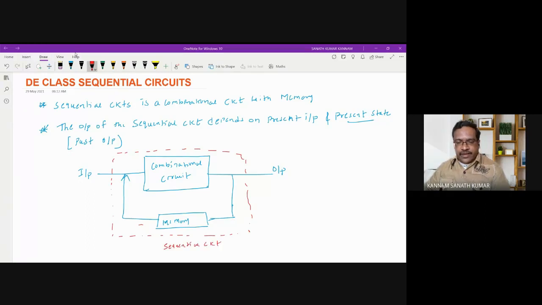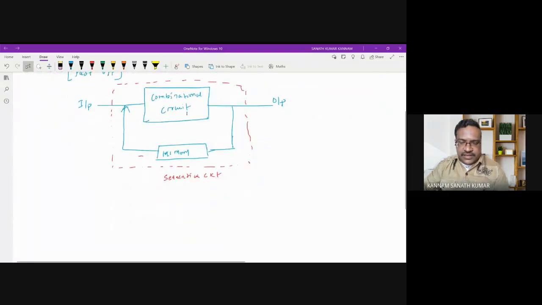Okay, so here the information stored in the sequential circuit represents the present state. The present state and present input define the output and the next state.